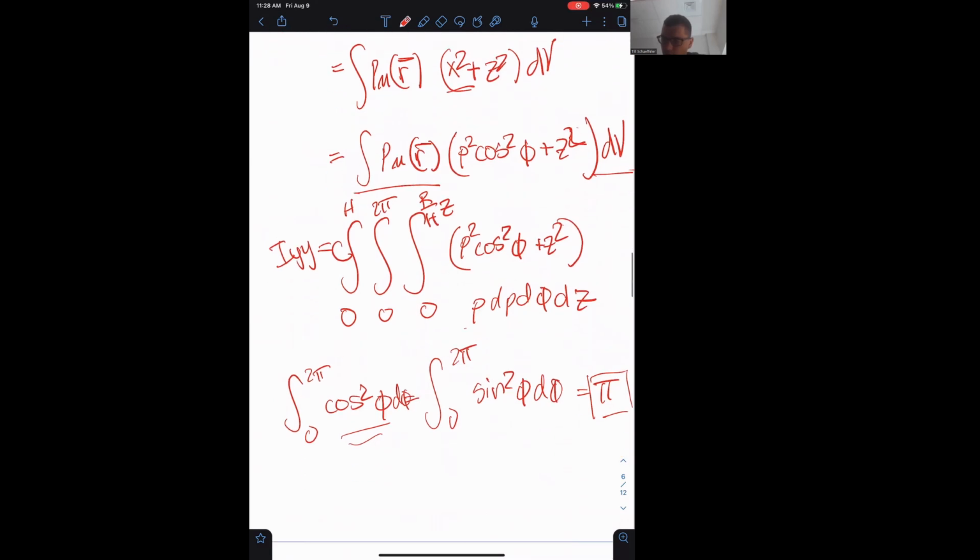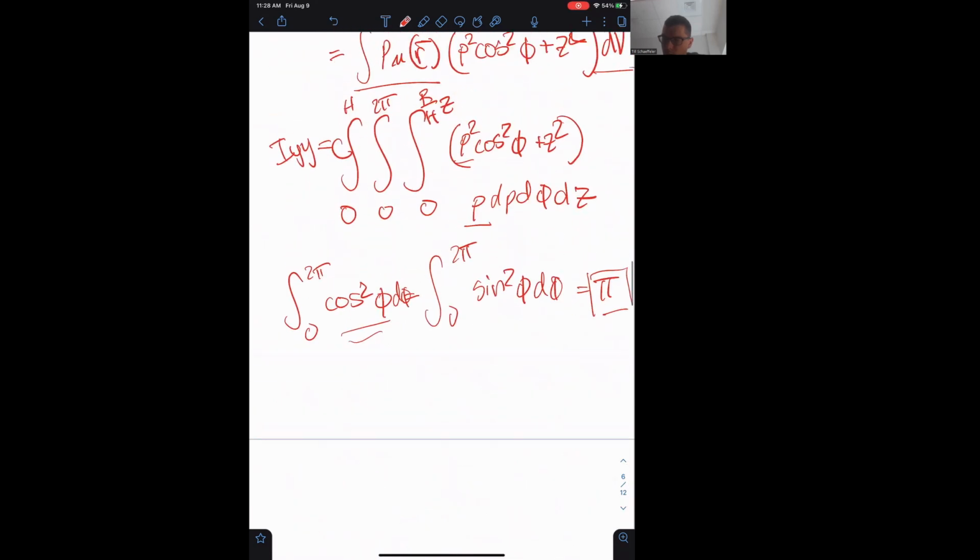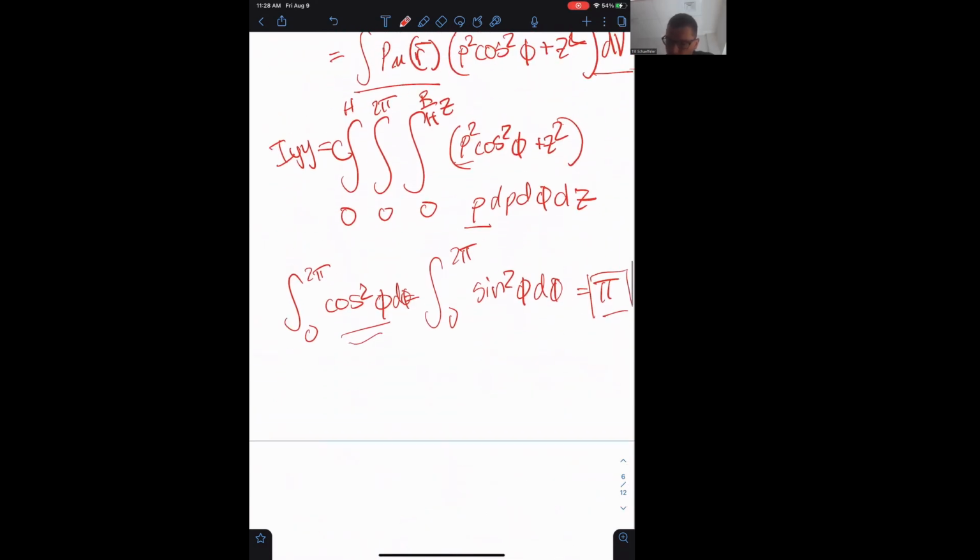So you could do this integral over rho first if you wanted to, but let's just do one more step.